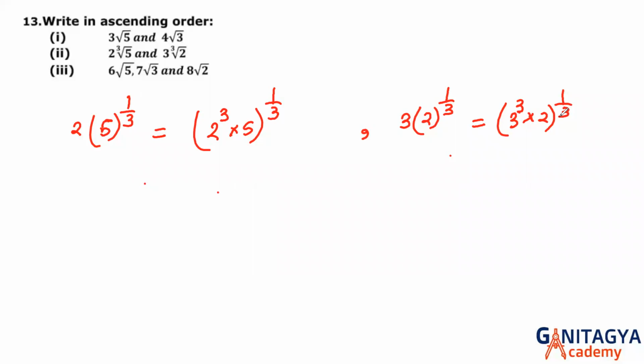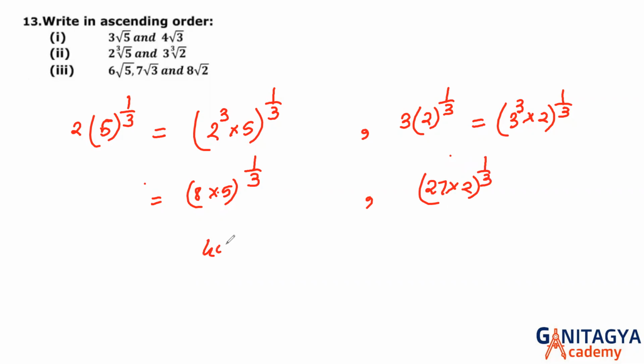So this is nothing but 8 into 5, and that is 1 by 3, and the second one is 27, 3 cube, that is 27. So this is 27 into 2, that is 54, and that is 1 by 3.